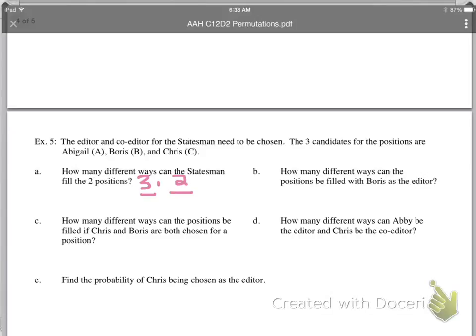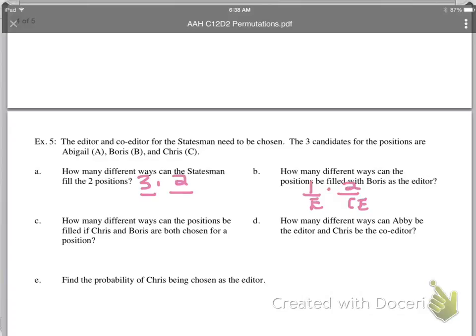Now here, how many different ways can the positions be filled with Boris as the editor? Well, here's my editor, the first one, here's my co-editor, the second one. So I only have 1 possibility for the editor, times 2 people left for the co-editor.